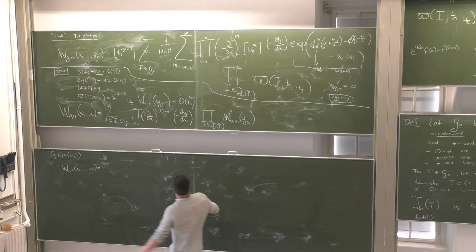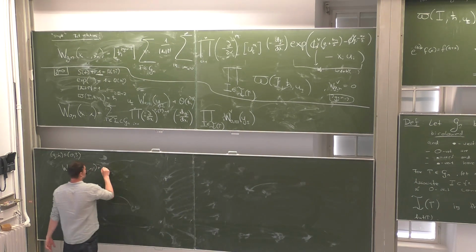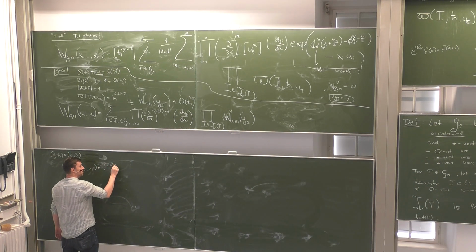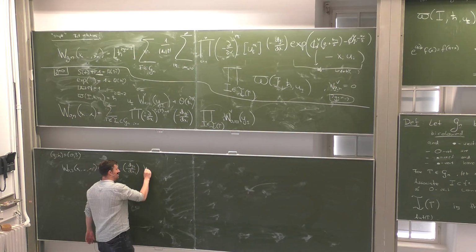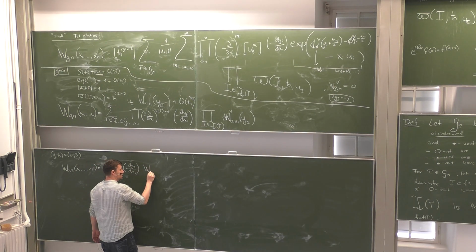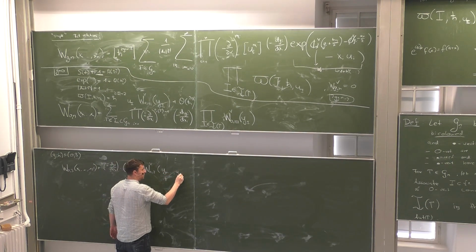So this does not appear; we have here this product: dy1/dx1 up to dy3/dx3 of w check_3(y1, ..., y3).